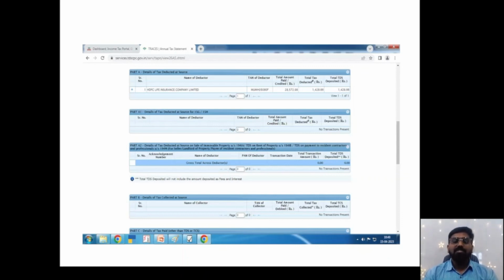Then the seller of that vehicle will collect 1% from the buyer. That 1% of tax collected from the buyer of the vehicle whose value is more than 10 lakhs will appear in Part B of his 26AS.